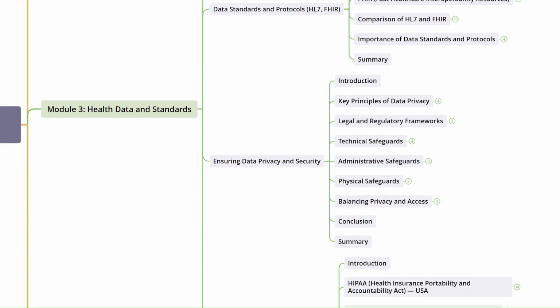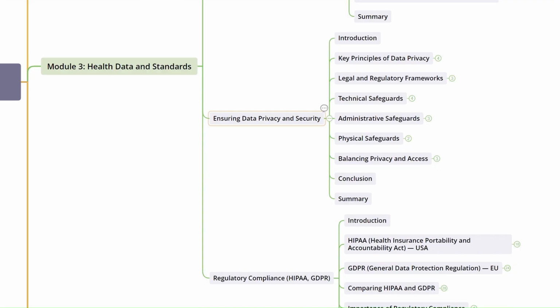Next, ensuring data privacy and security. With the increasing digitalization of health data comes the paramount responsibility of ensuring its privacy and security. Healthcare information is highly sensitive, and unauthorized access can have serious implications for patients' confidentiality and trust.